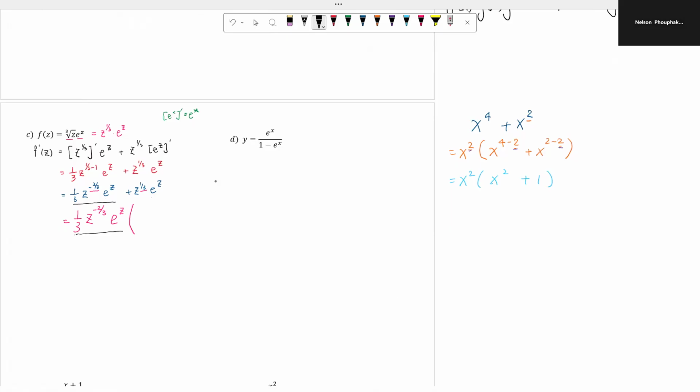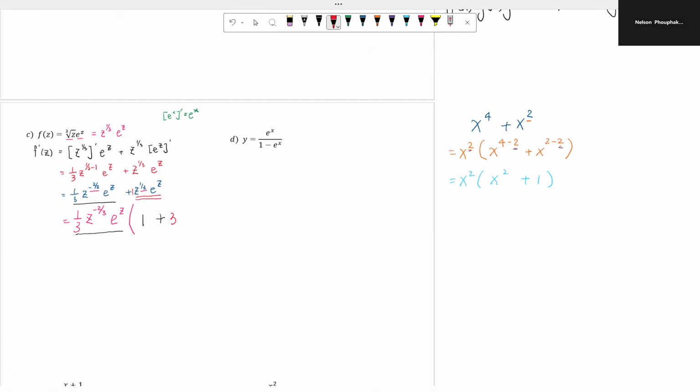We take out z to the negative 2/3 and e to the z, so I have 1 left. Now, what happened to the second term? If I take out 1/3, I will have 3 left, because 3 times 1/3 gives me 1.